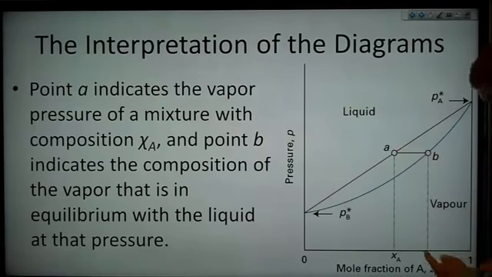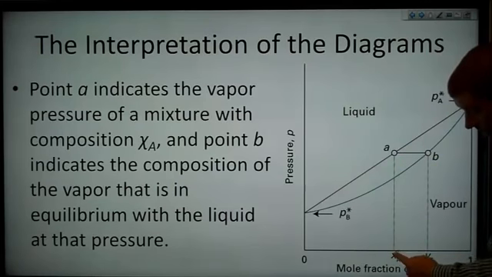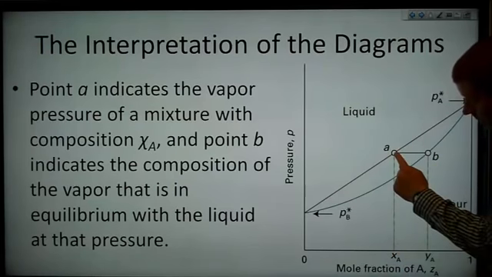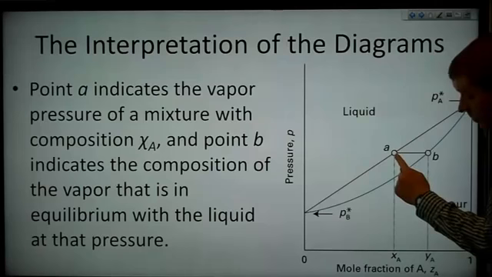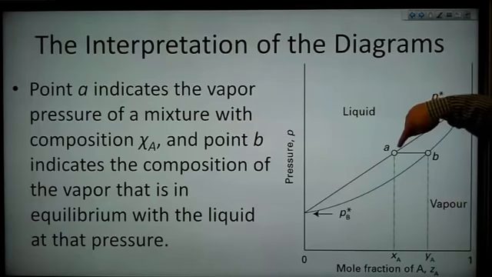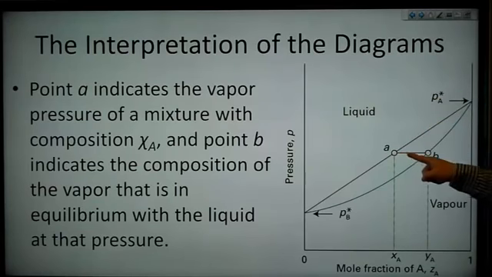So if we have some liquid at this ratio, this mole fraction at point A, the vapor phase above that is along this line, and that's at point B. So note that the vapor phase is enriched in component A. Component A is the more volatile component.